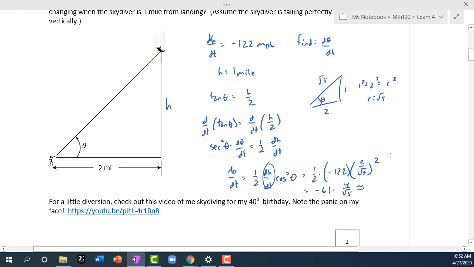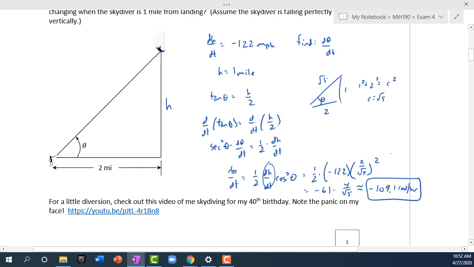Pull my calculator out here. Can't see what I'm doing because I'm not recording that, but that's okay. Negative 61 times 4 over the square root of 5. So I got about negative 109.1, and that is radians per hour. It's kind of a weird unit.